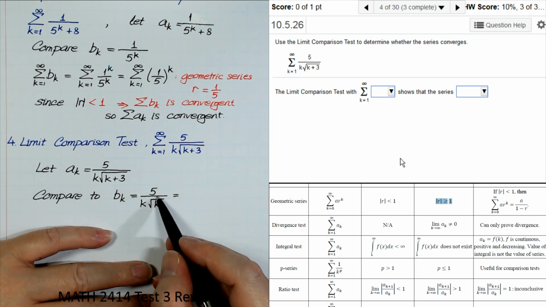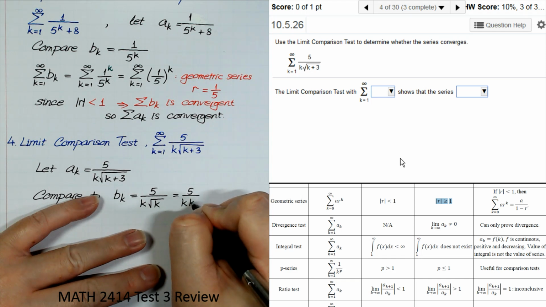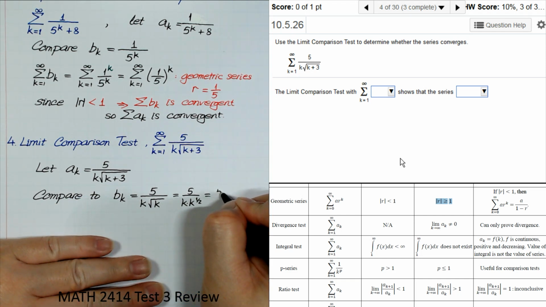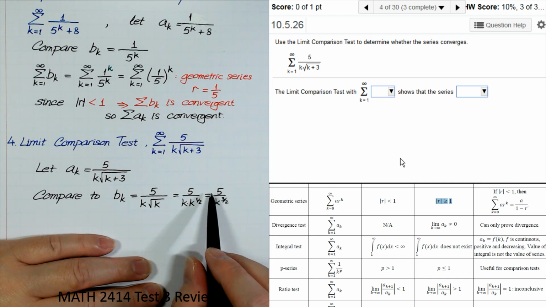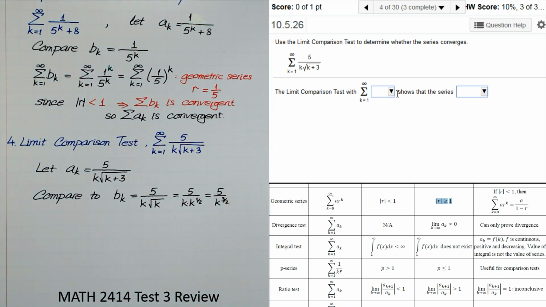And in that case, we extended 5k and k to the 1/2 for square root, and we're going to have 5 over k to the 3/2. And once again, if this is 5 or any constant, we can just choose 1 instead. So let's see, what option do we have?